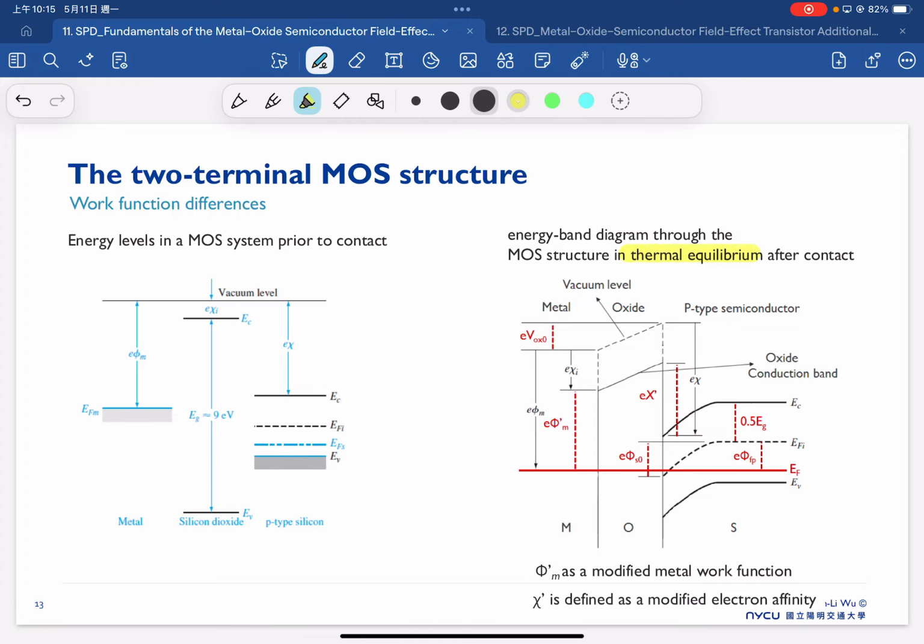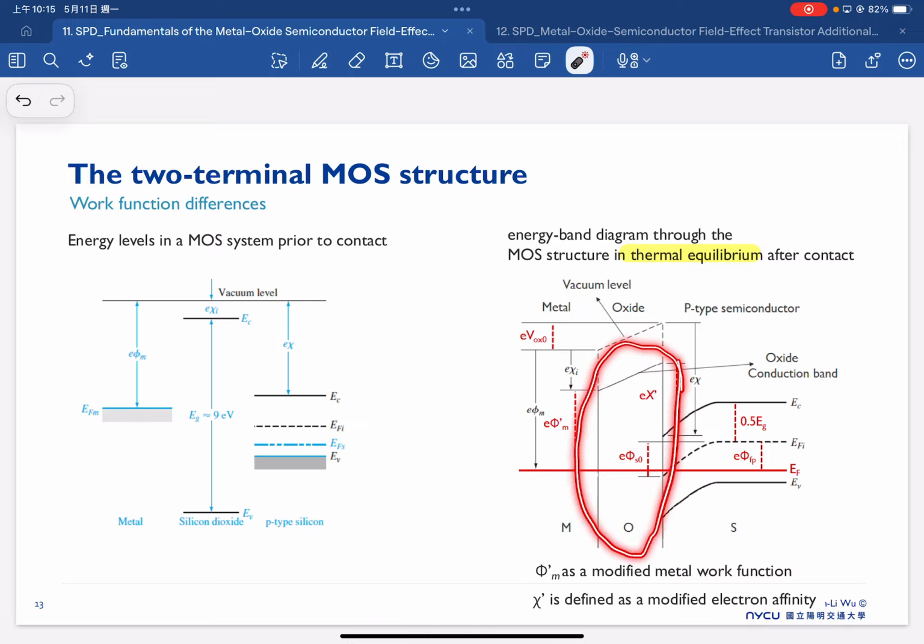And once we put those together in thermal equilibrium after the contact, we will see that there starts to be band bending somewhere here. This is because the metal work function and the semiconductor work function will not be the same. So we will start to see this kind of band diagram. Also, in the MOS system without any applied bias, we already see a little bit of band bending here.